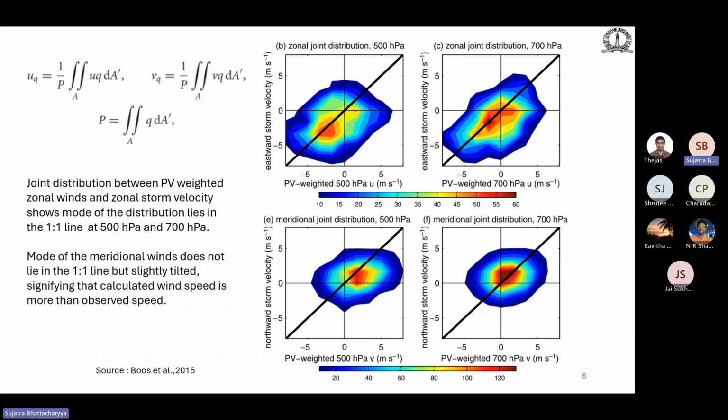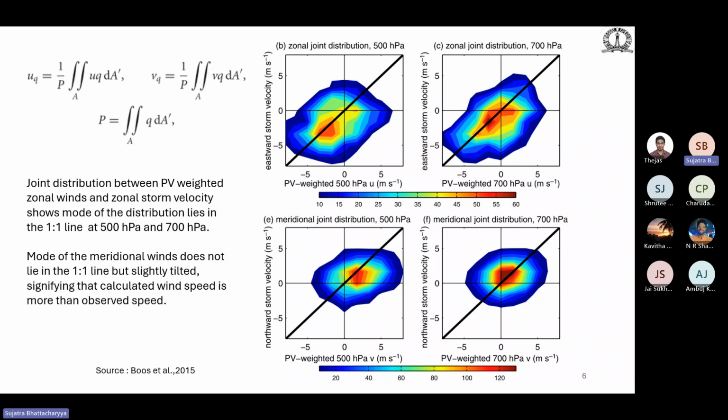This storm velocity is calculated from the track dataset that they utilized, and they found that the majority of the points, the mode of this distribution, lies on this 1:1 line. That basically suggests that the storm velocity we get at 500 hectopascal is almost similar to the PV-weighted winds that they calculated based on these equations. And thus their hypothesis remained robust over time.